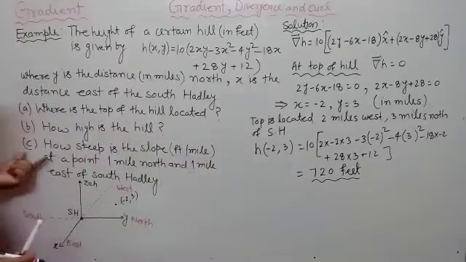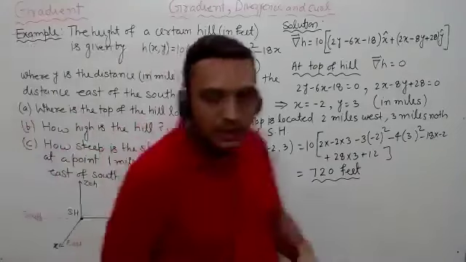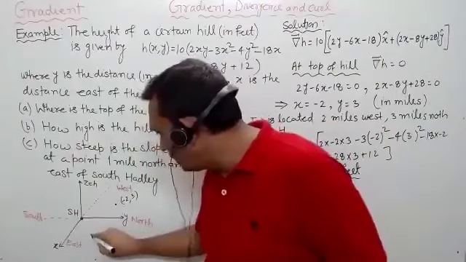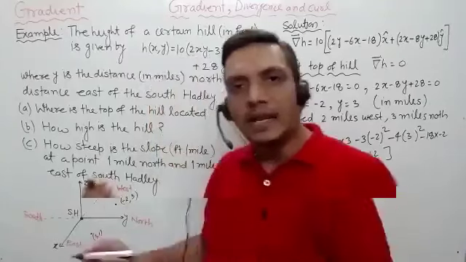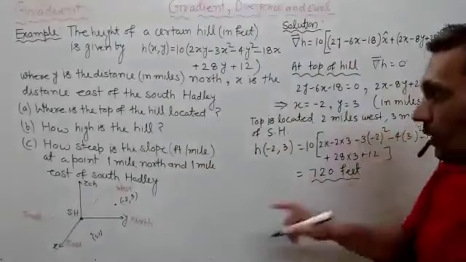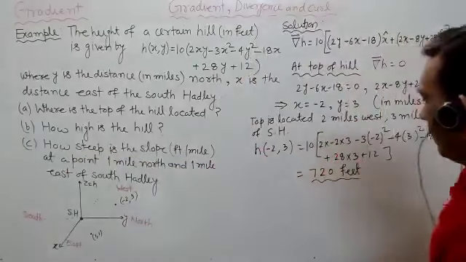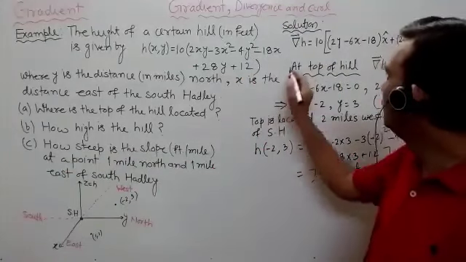Now in the third part, how steep is the slope at some other point. Let's say that point is 1, 1. So move 1 here, 1 here. So this point is 1, 1. Now at this other point, you have to find the slope.